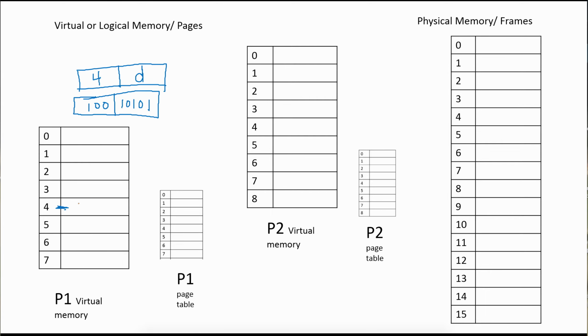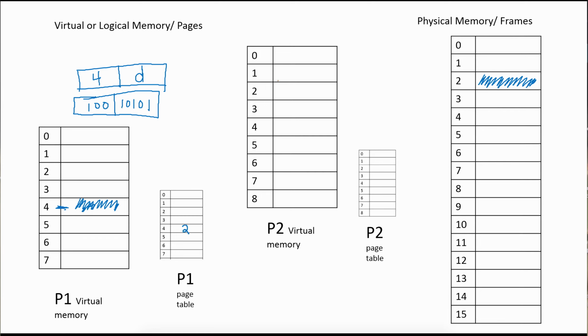Okay, so we take this page 4, and we find a free frame in the free frame list. We can put it into frame number 2. So page 4 is now in frame number 2. Then an entry goes into our page table that says that page number 4 is now in frame 2.